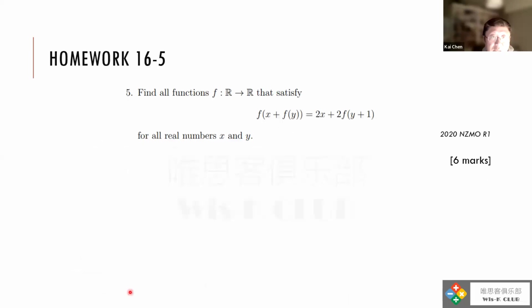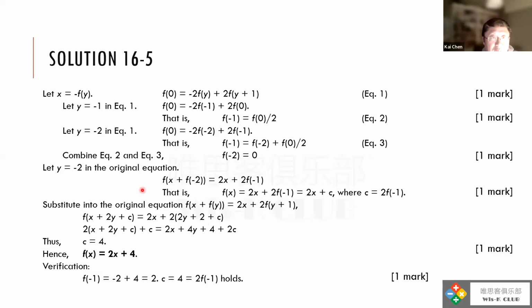So that's something also important in the last two questions. I'm not going deeply into how to plug in these numbers, but for example, in question number 5, you find f(x) is 2x plus 2 times f(-1).